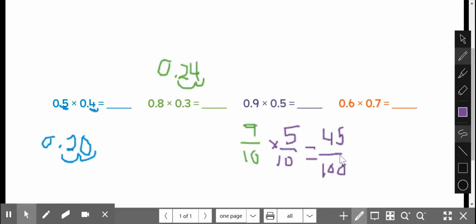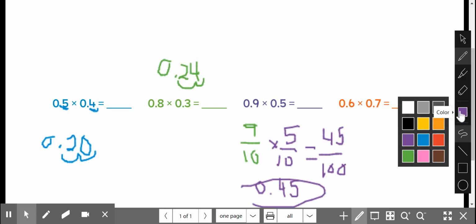The reason for our practice earlier this year, writing fractions into decimal fractions and decimal fractions into fractions, was so that we could see that 45 hundredths is this answer, written both ways. For this particular module, we'll be specifically looking for this. However, we can get there by looking at these as fractions.